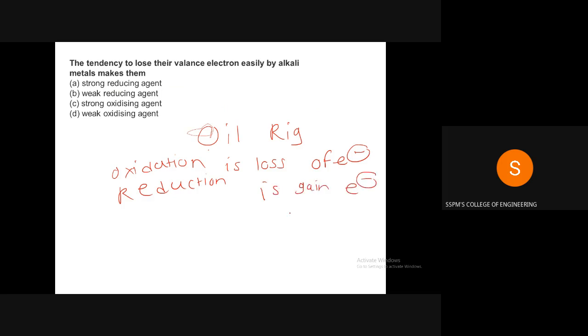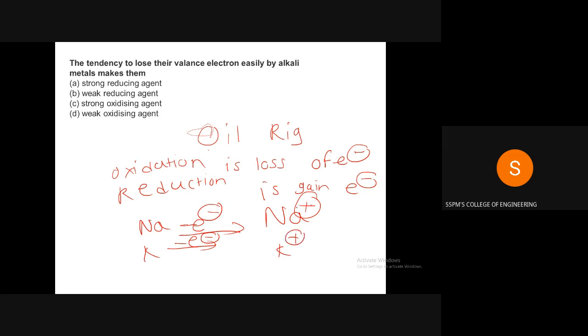To check the definition here, the sentence given is the tendency to lose their valence electrons. Sodium loses its electron, so one electron is lost and an electron deficient species is formed. Potassium also loses its electron and converts into K plus.